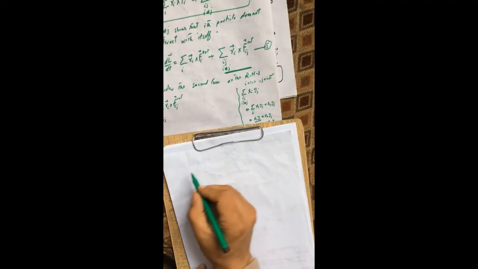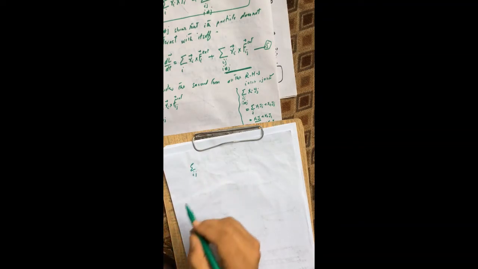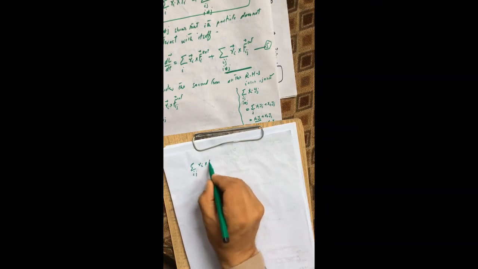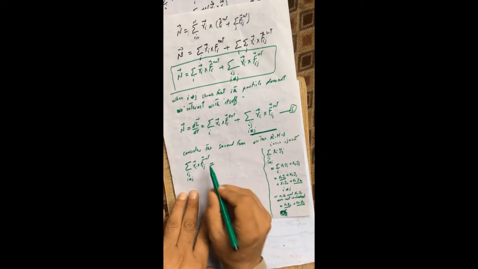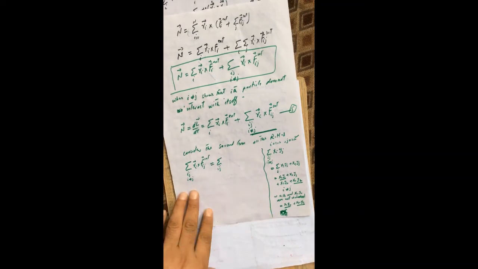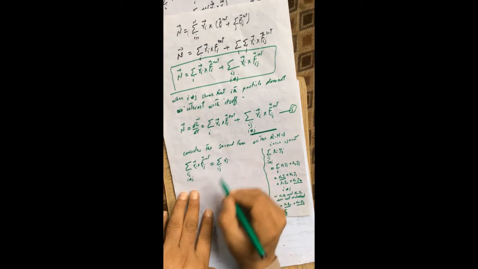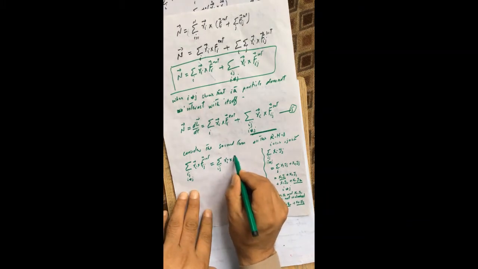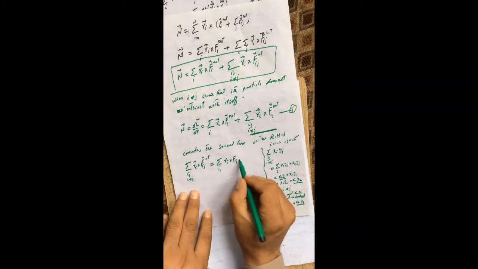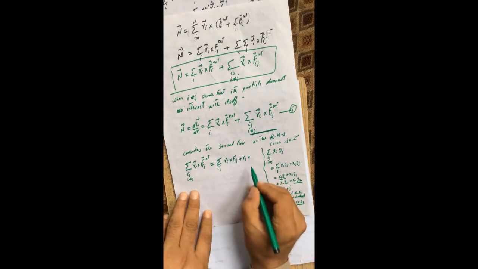Now similarly, if we have a term like the sum over i, j of ri cross Fij, such that i is not equal to j, then I can write it as the sum over i, j of ri cross Fij plus rj cross Fji.